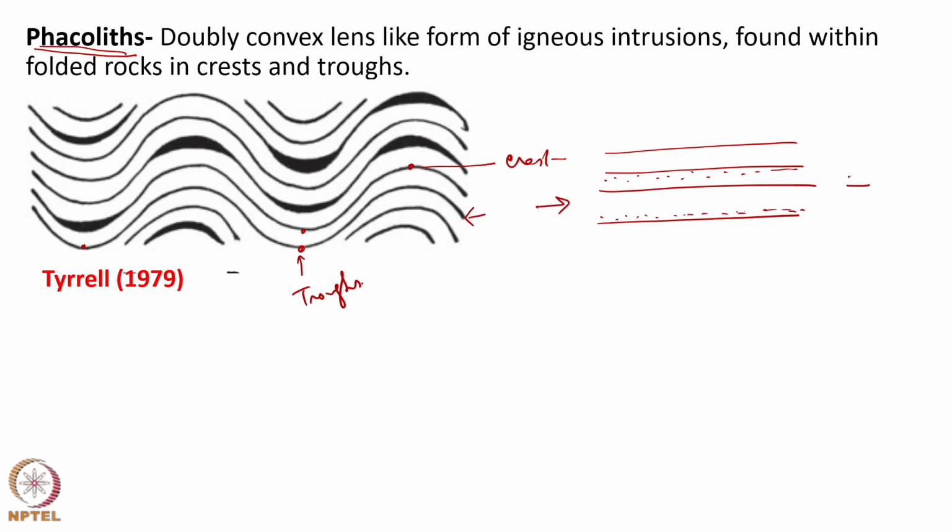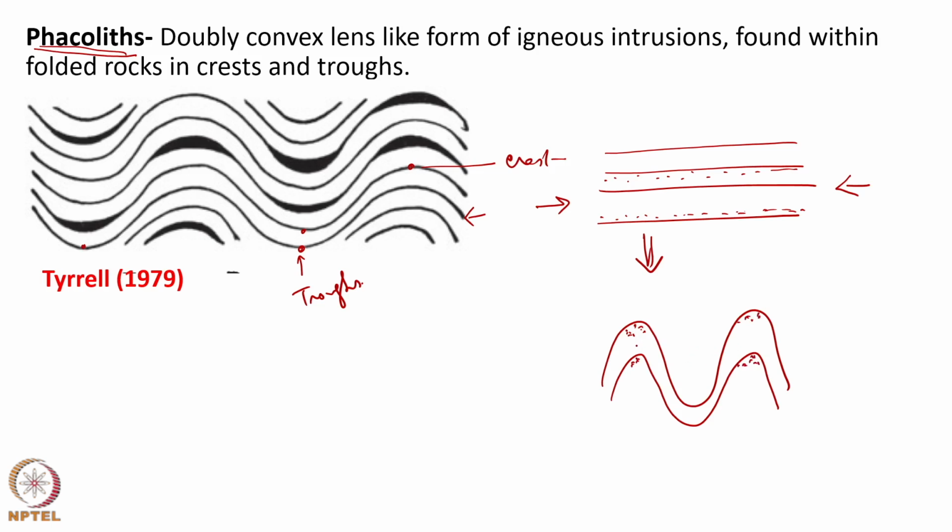Now, apply a compression, a buckle folding. In that case, this layer will be folded into a series of antiforms and synforms. The hinge areas are the locations of low strain.